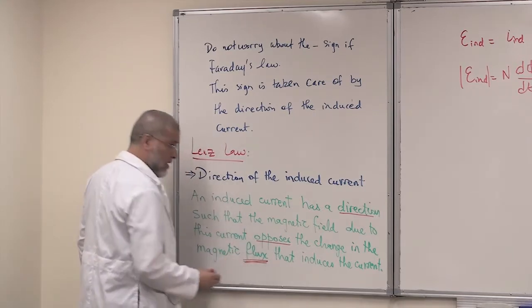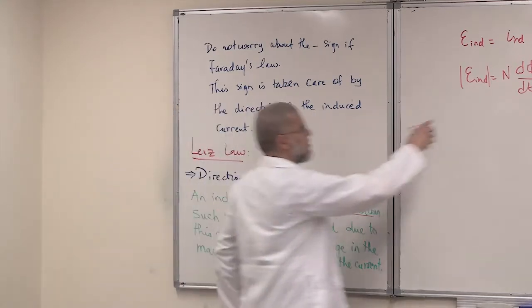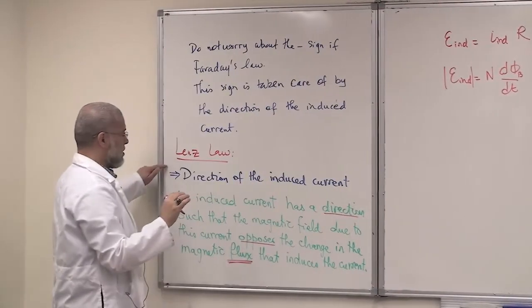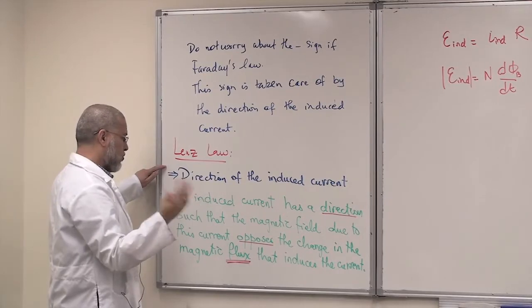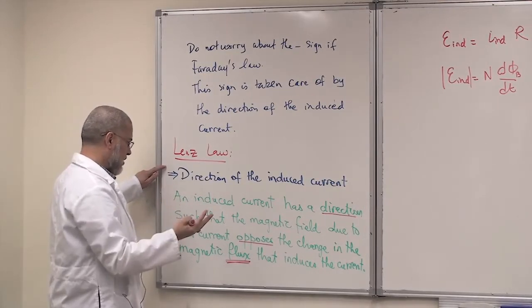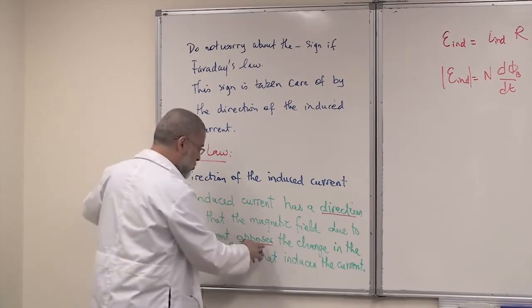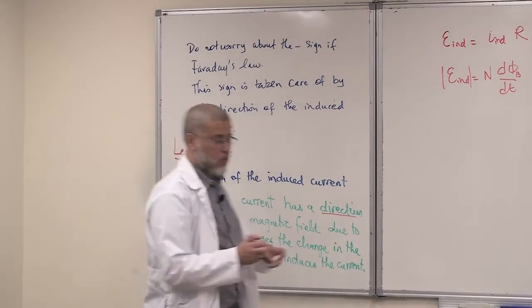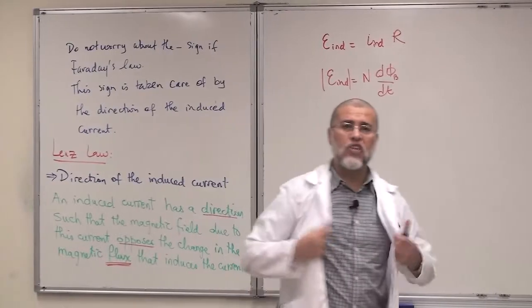You remember Faraday's law: there's a change in magnetic flux. If there's a change in magnetic flux, there will be an induced current, and that induced current will produce a magnetic field which opposes the change in the magnetic flux. Very important. So nature doesn't want any change in magnetic flux.